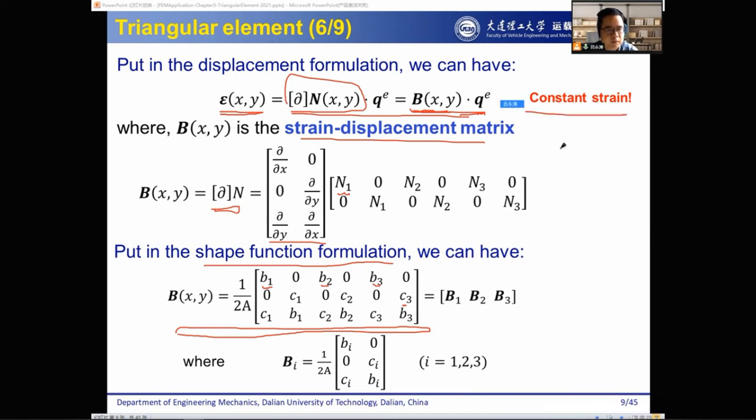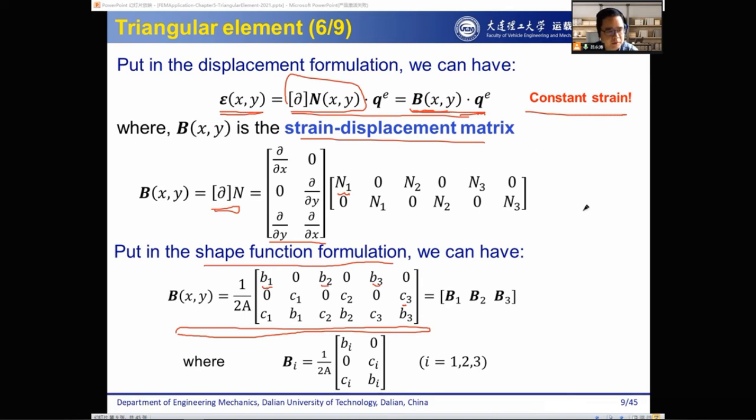This is a very, very important conclusion. It helps you understand your problems and your results. Whenever you use the 3-node triangular element, the strain in the element is always a constant. So don't be confused or misunderstand this.